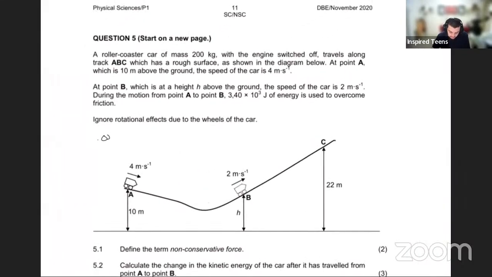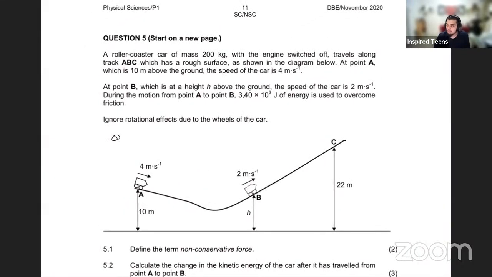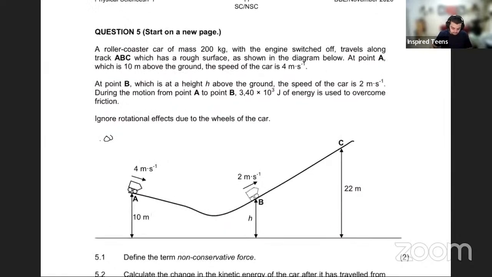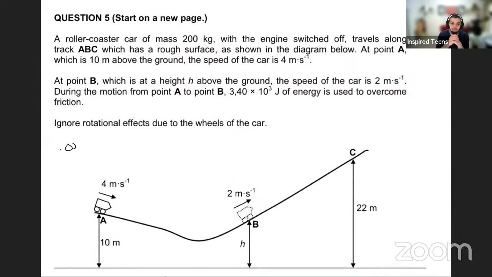Okay, let's have a look at this question. A roller coaster car of mass 200 kg with the engine switched off travels along track AB, which has a rough surface as shown in the diagram below.